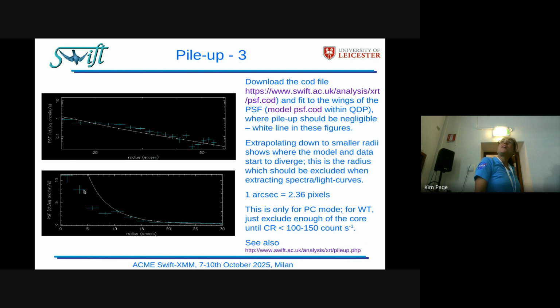If you plot it in linear space, as I did there, it makes it a little bit easier. You basically just look for where that line starts being consistently above the data. I should say that we mentioned pileup is usually above about 0.6 counts per second. If it's a very soft source, it can be noticeable down to about 0.3 counts per second.